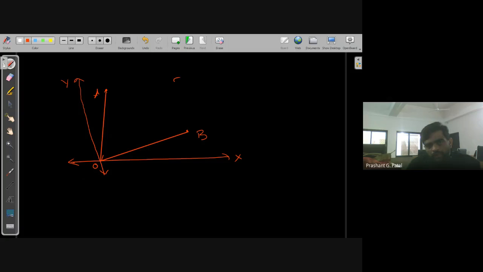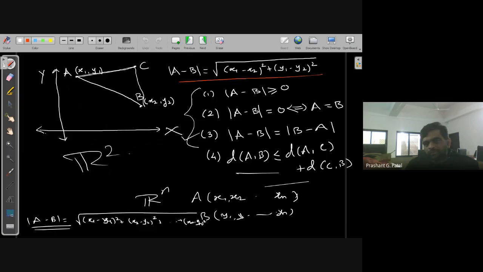I'm just denoting this notation AB. The distance from A to O that we have defined previously is the modulus of A minus 0 plus B minus 0. What is the modulus of A minus 0? That is the origin. This is not 0, but it is the origin. So that is what we have defined here.